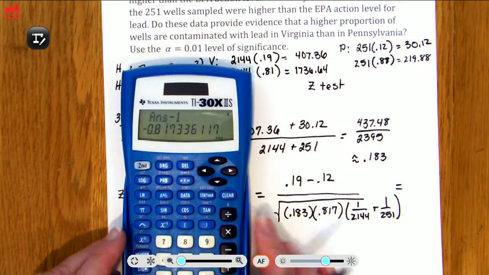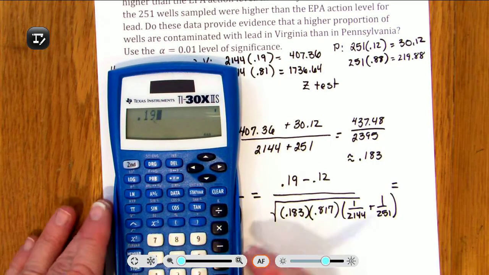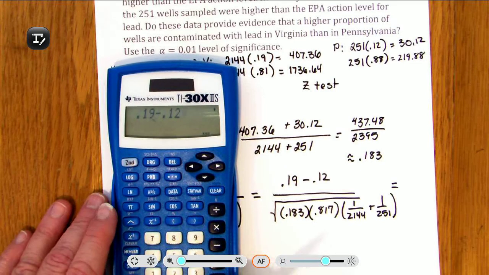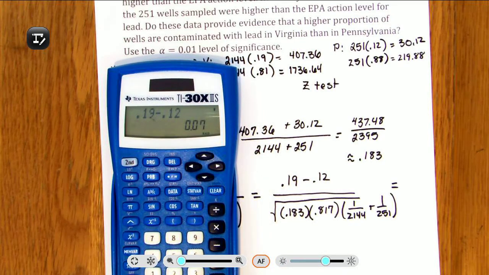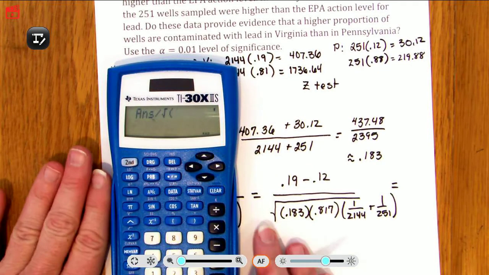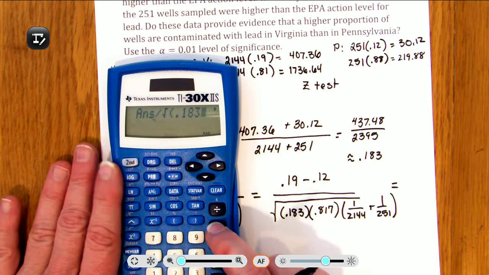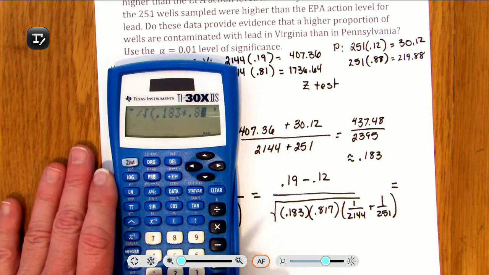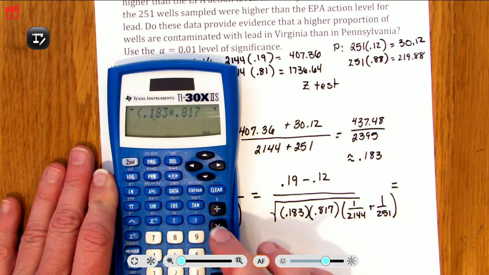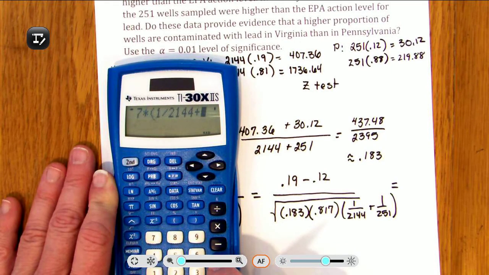Okay, hopefully I can push my buttons correctly this time. I didn't in the last video, but that happens even to us. So there's my numerator, and I'm going to divide by the square root of 0.183 times 0.817 times parenthesis 1 divided by 2144 plus 1 divided by 251.